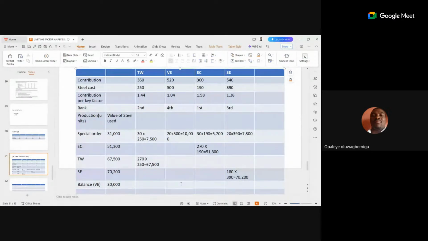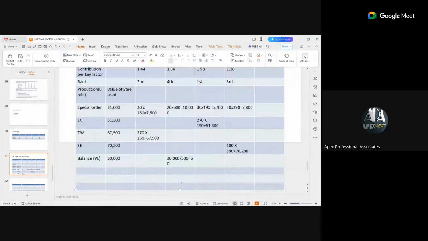Divided by 500. Okay, good. 30,000 divided by 500. We can produce 60 steel.